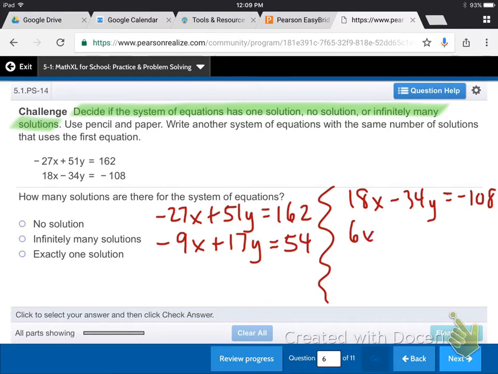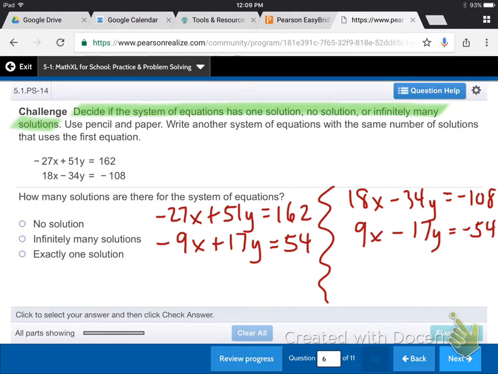No, we can't go 3 because 34 isn't divisible by 3, so let's think about that one again. Can we divide by 2? Yes. So divide every term by 2 and we get 9x minus 17y equals negative 54.